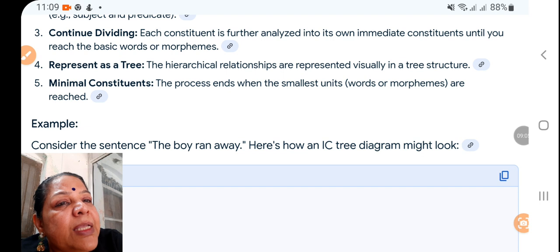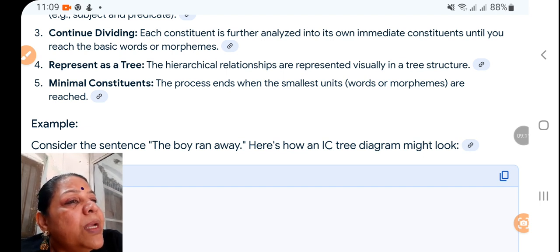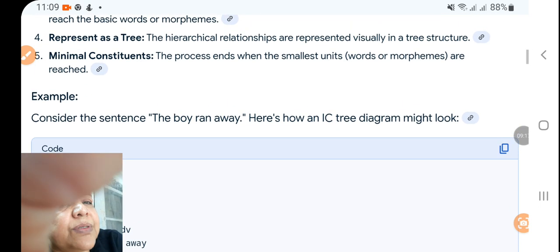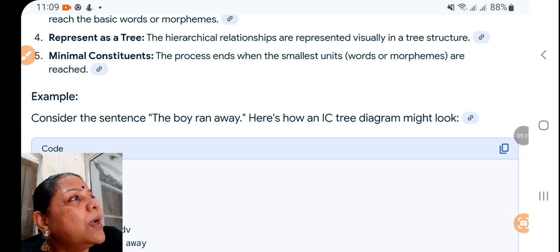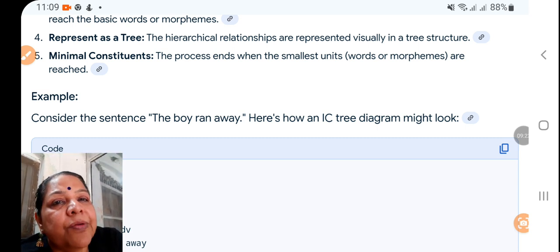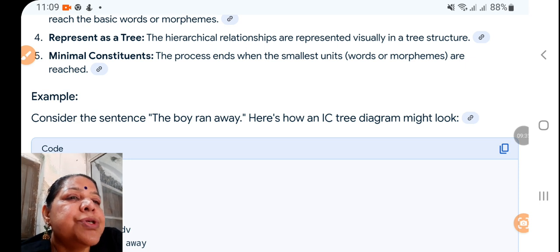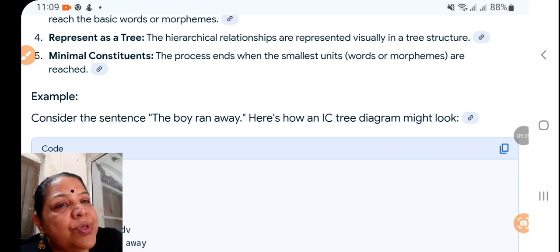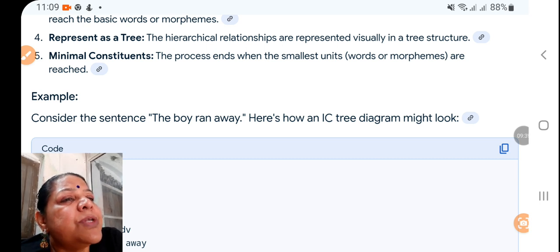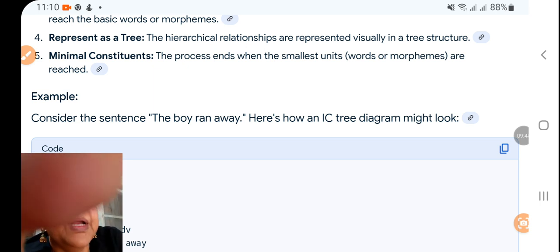Means we have to reach the basic words or morphemes. Then the next step is to represent it as a tree. The hierarchical relationships are represented visually in a tree structure.